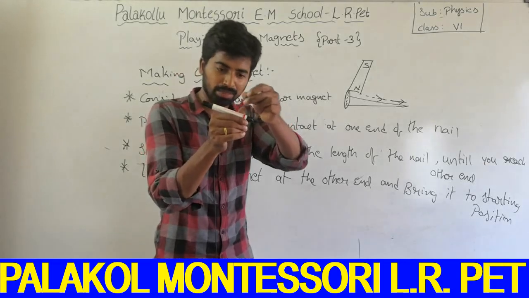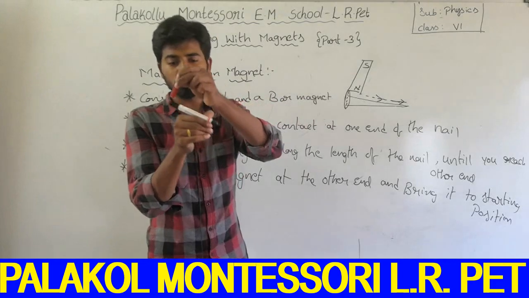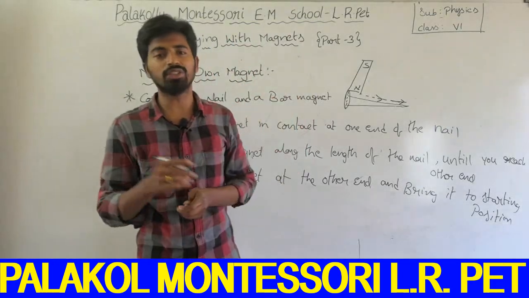Again slide the bar magnet along the length of the nail and place it at the starting position. Repeat this process for 20 to 30 times.